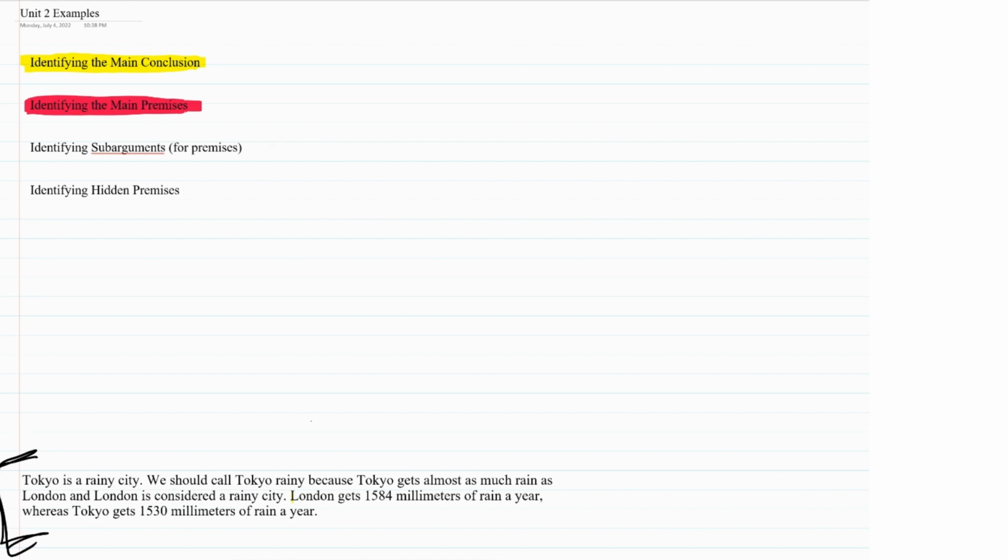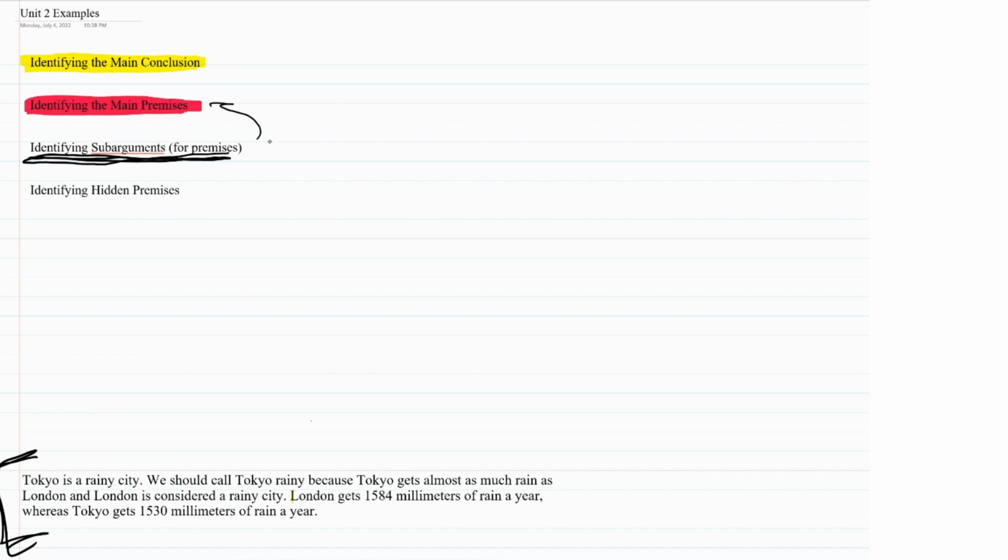Next, we're going to identify the sub-arguments. Those are going to be the arguments for the premises that the conclusions are premises of. And so we are going to underline those. Remember, sub-arguments, crucially, are arguments that have premises whose conclusion is one of the main premises.